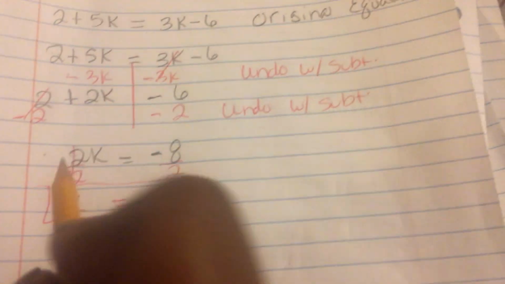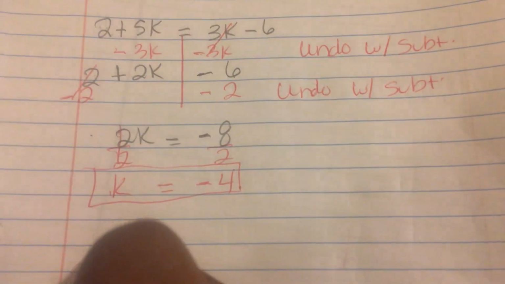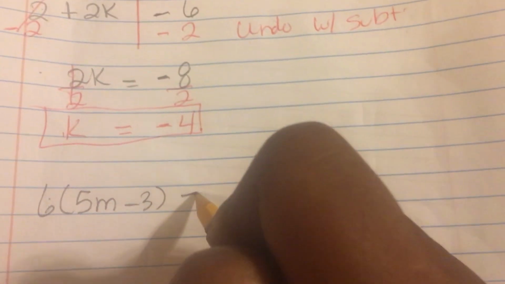And on page number 98, let's write our original equation: 6 times the quantity 5m minus 3, all that in parentheses, equals 1/3 times the quantity 24m plus 12. Now that's our original equation. We do not work it.